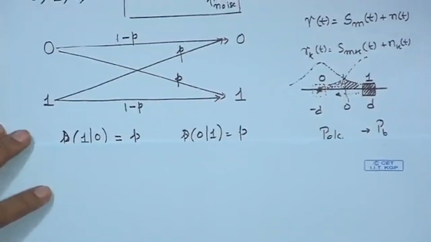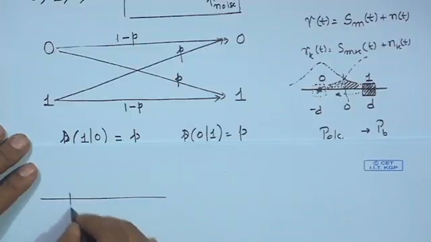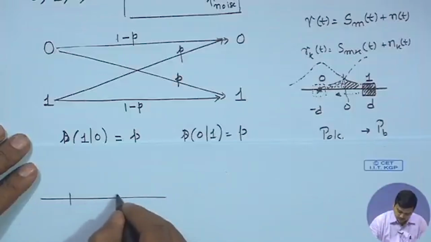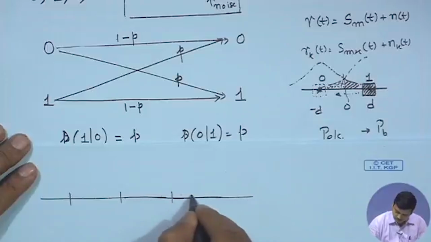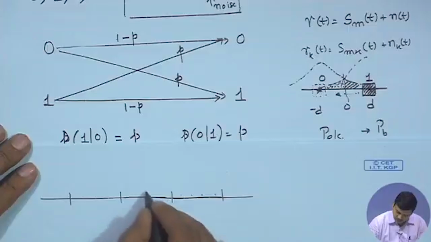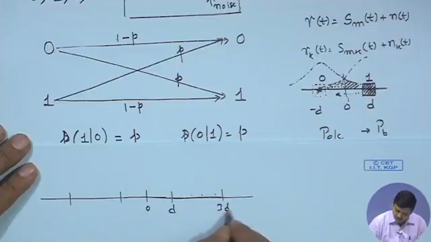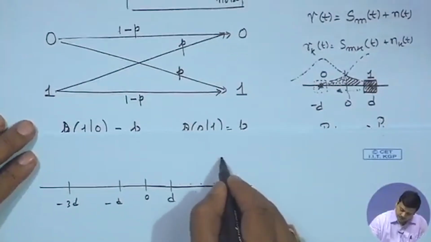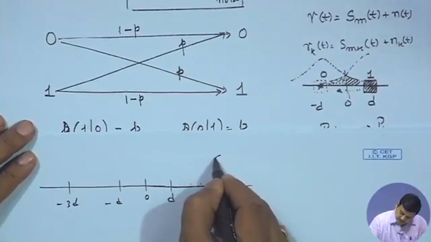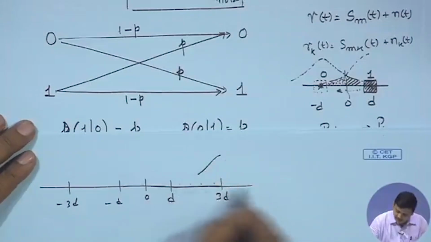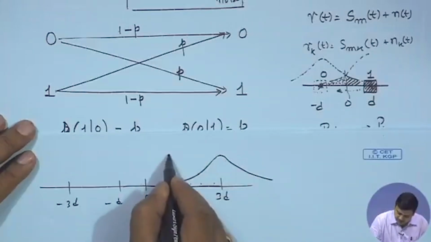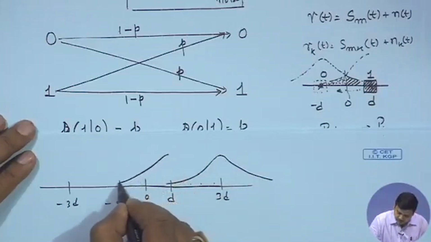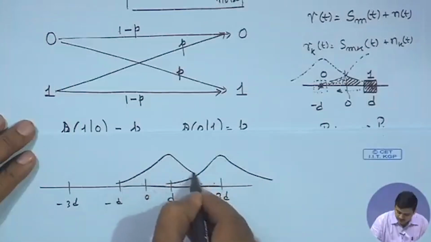In case of M-ary PAM, you may remember the situation was, we have 0, d, 3d, minus d, minus 3d. The conditional PDF is, if 3d is sent, the probability of receiving anywhere in this region is given by this particular curve. If d is sent, the probability of receiving the signal along this is given by this PDF.